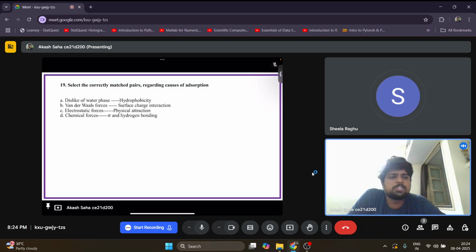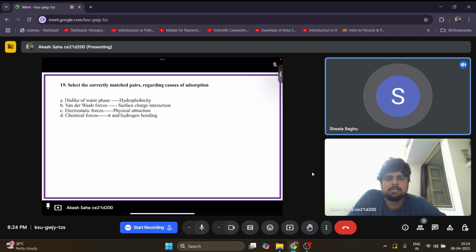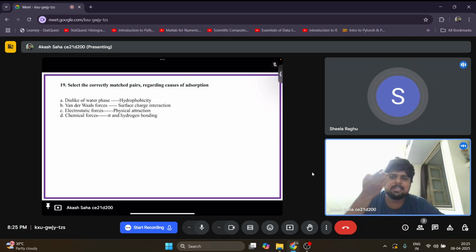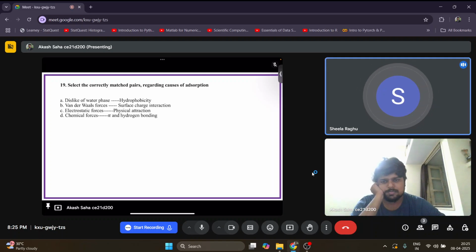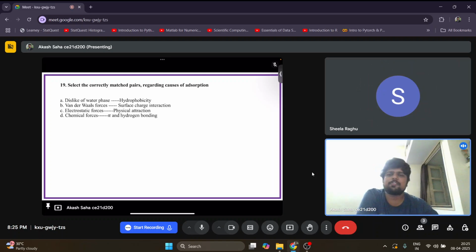Which is correctly paired here? Dislike of water is hydrophobicity, which we just discussed. Any other thing correct? Chemical forces are pi and hydrogen bonding. So A and D are correct.